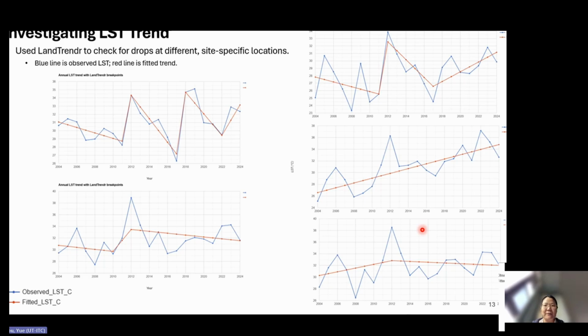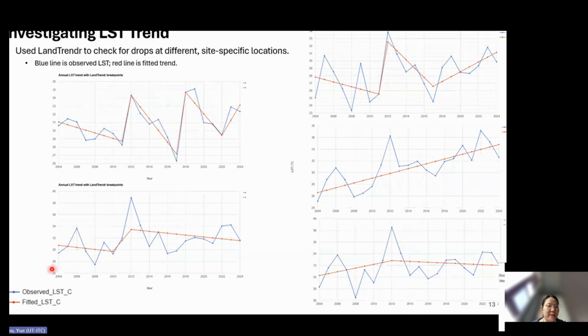And here are 5 typical trends from several points. The blue line represents observed land surface temperature, and the red line is the fitted trend.